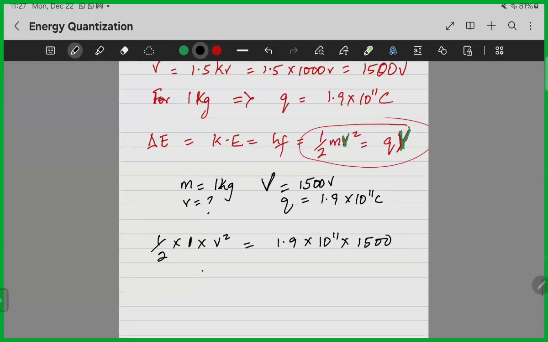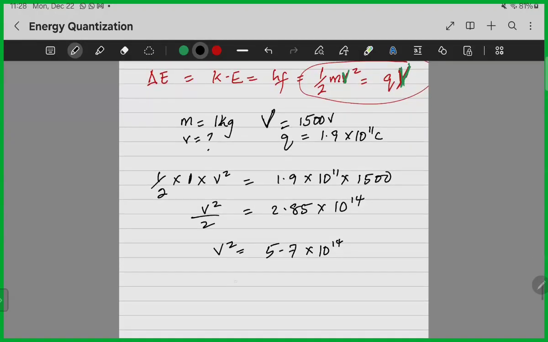That is 2.85 times 10 to the 14. So v squared will now be, if I multiply this by 2, 5.7 times 10 to the 14. So v will now be the square root of 5.7 times 10 to the 14.